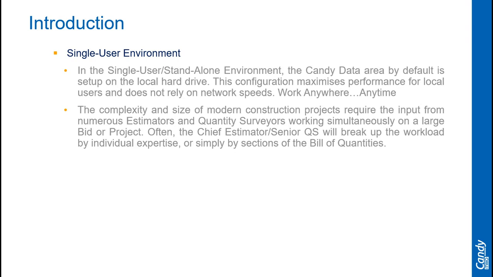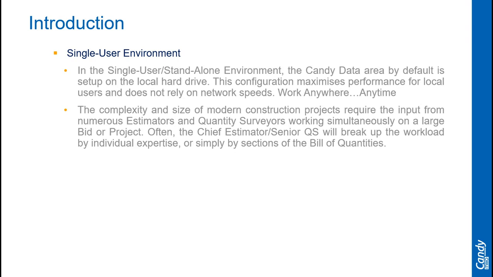bill of quantities. Meaning, estimator 1 would be responsible for pricing the earthwork items. Estimator 2 would be responsible for pricing the MEP items. Estimator 3 is responsible for the subcontract packages. Come post-tender, once the job is in progress, the senior QS might divide the job.